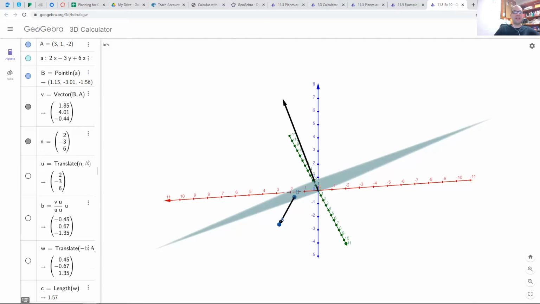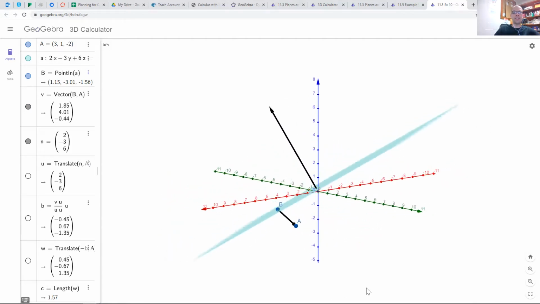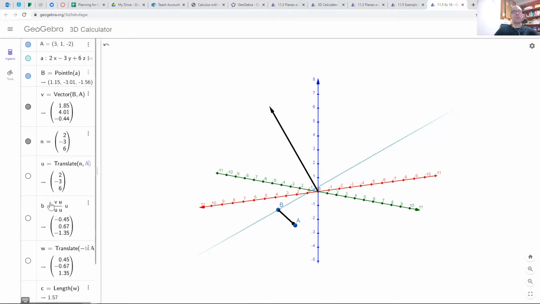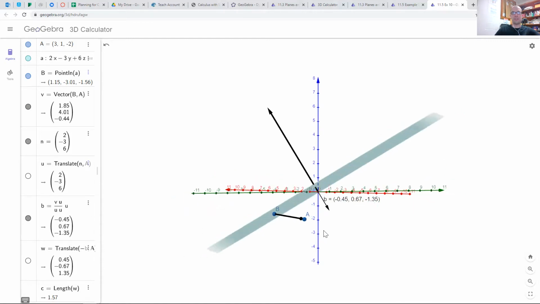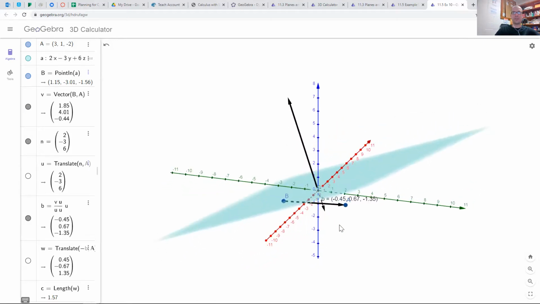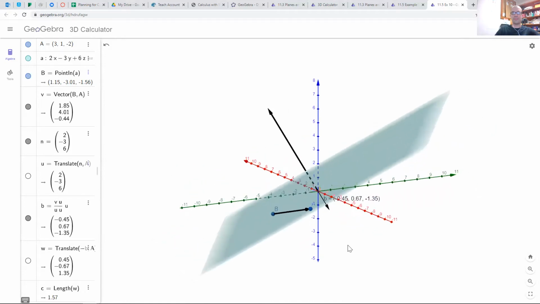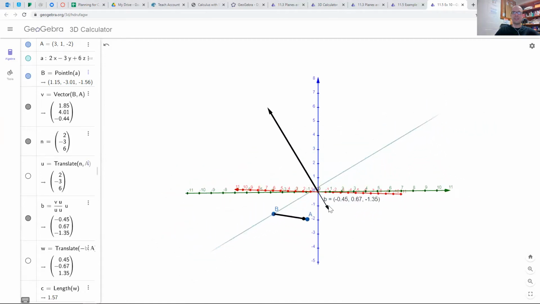Our normal vector is 2, -3, 6. And what we can do is project this vector BA onto the normal vector, like so. So projection. And that gives us this vector.